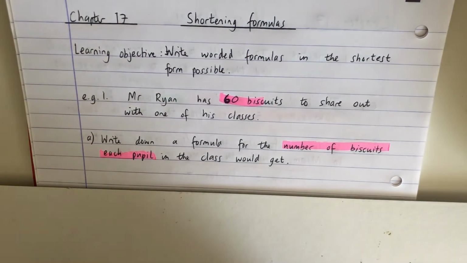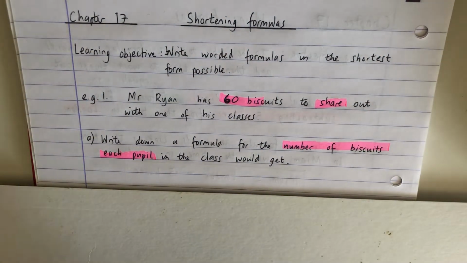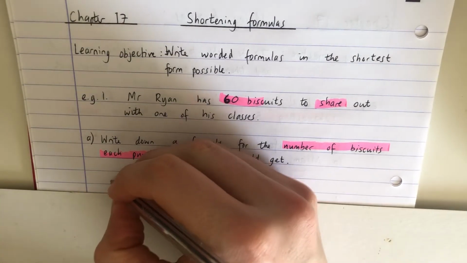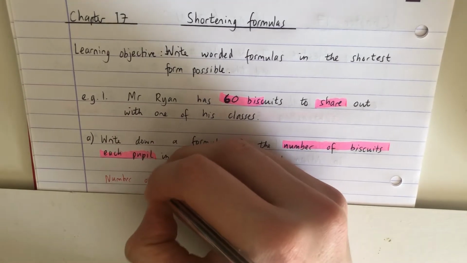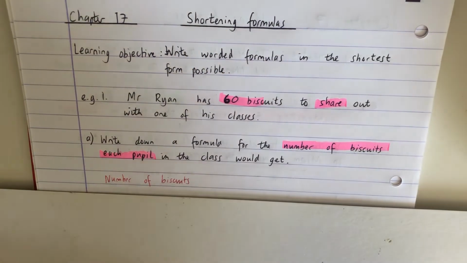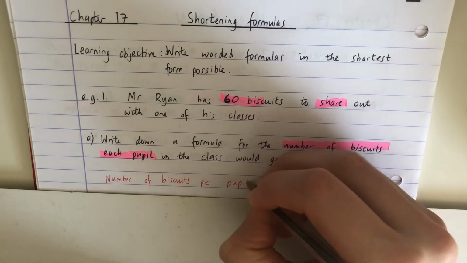There are 60 biscuits to share out. I'm going to highlight the word share because that gives me a clue on which operation I need to use. Right, so number of biscuits per pupil. That's what we're going to work out.